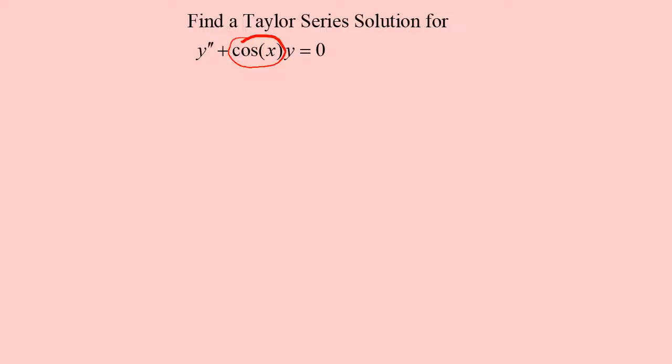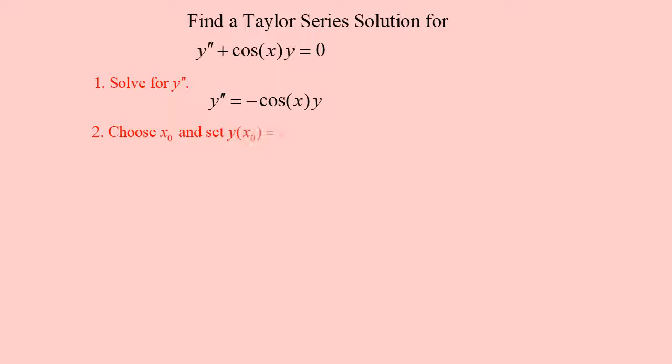So also notice from what we talked about in Part 2 that the coefficient of the second derivative is a 1, and 1 is never equal to 0. Therefore, we have all ordinary points. This can be expanded about any value whatsoever. And so step number 1 is to solve for the y double prime, which we'll do.